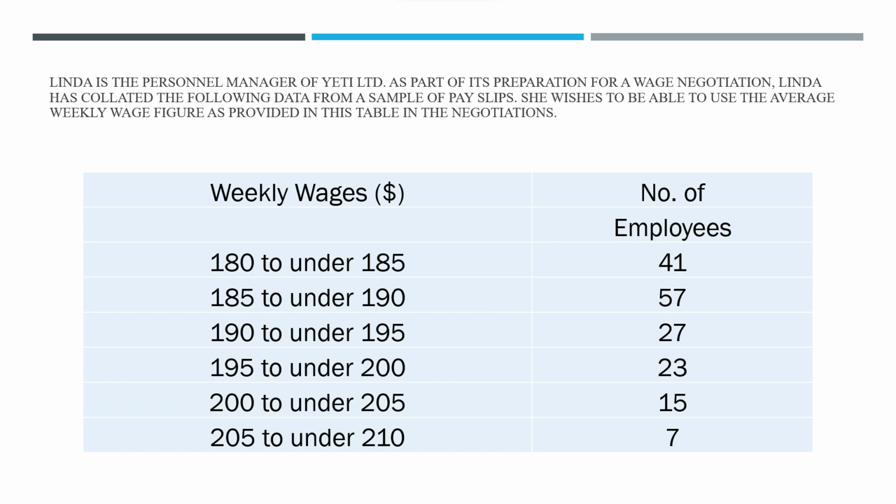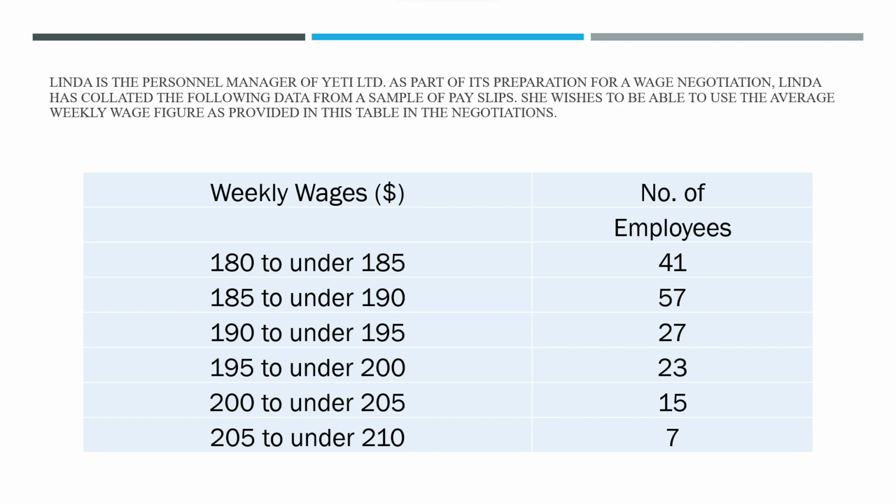For example, for a weekly wage of $180 to under 185, there are 41 employees who fall in this category, or who are receiving this much in wages. Similarly, there are 57 employees receiving weekly wages between 185 and under 190.